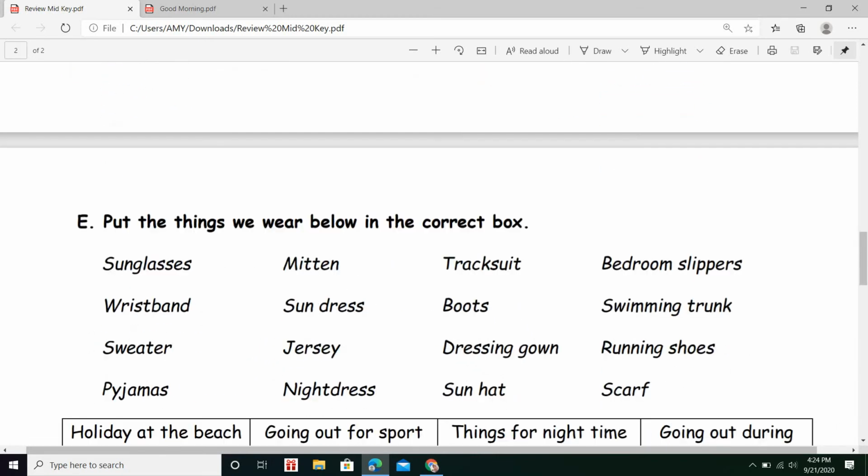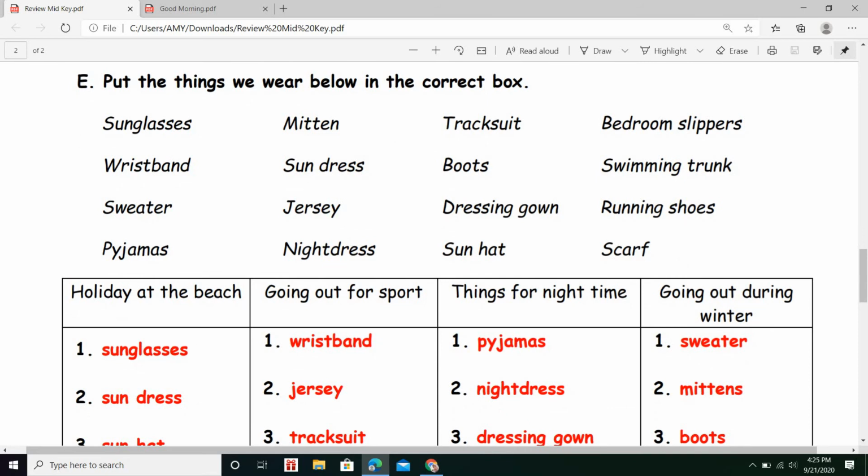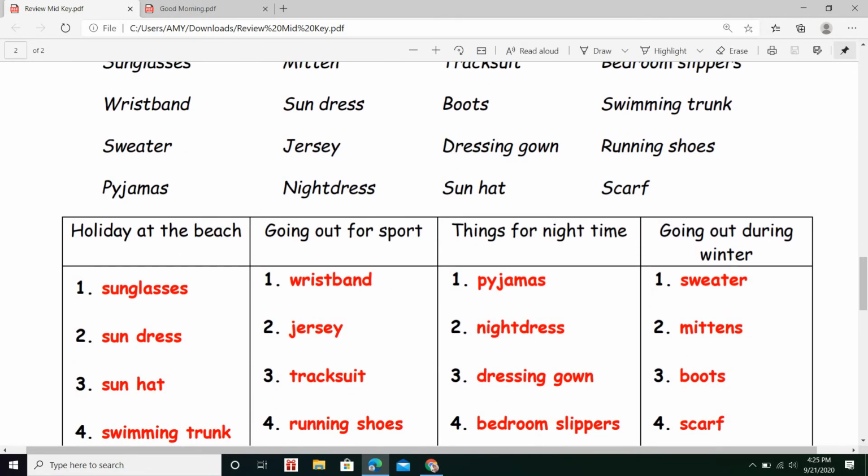Alright friends, let's move to part E, which talks about things we wear in 4 different places. Here we have holiday at the beach, going out for sport, things for nighttime, and also going out during winter or in a cold place.